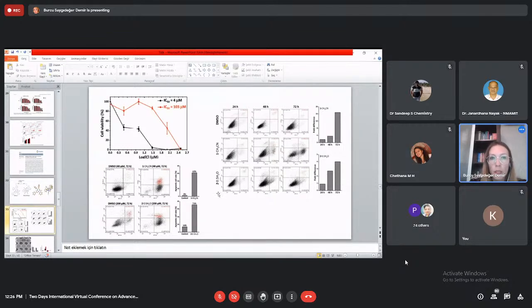Complex 1 induced apoptosis at different times and doses compared to the control. Ultimately, both complexes induced apoptosis at high dose. But we want low dose inhibition, and complex 1 is like this.